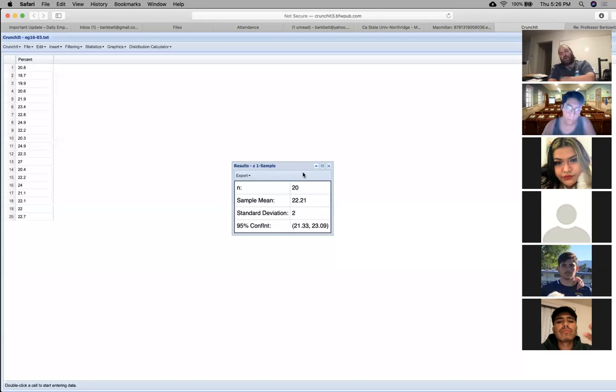So if someone came along and said, I'm pretty sure the true value is 20%, you would say, well, not according to my data, because according to my data, the true value is between 21.33% and 23.09%, and 20% is not in there. If someone said, I believe the true value is 23%, what would you tell them?